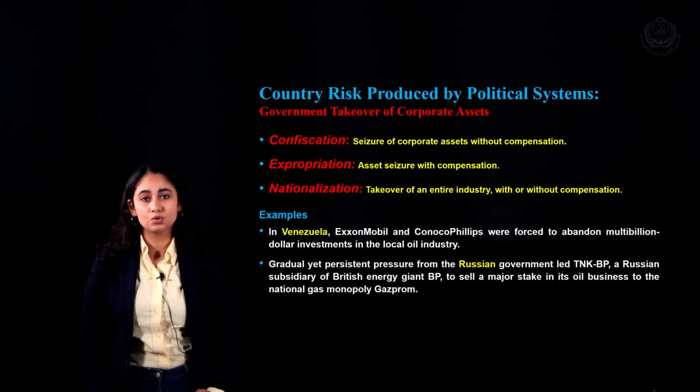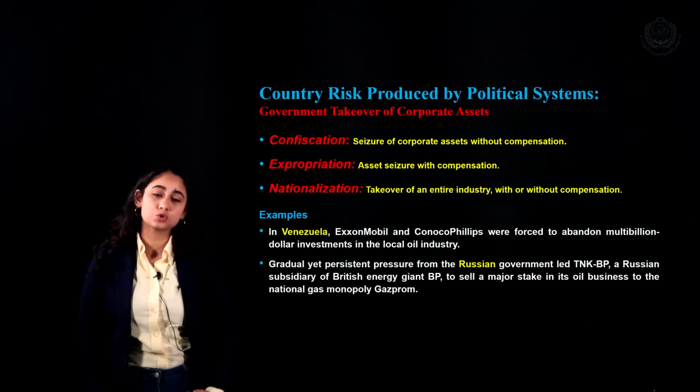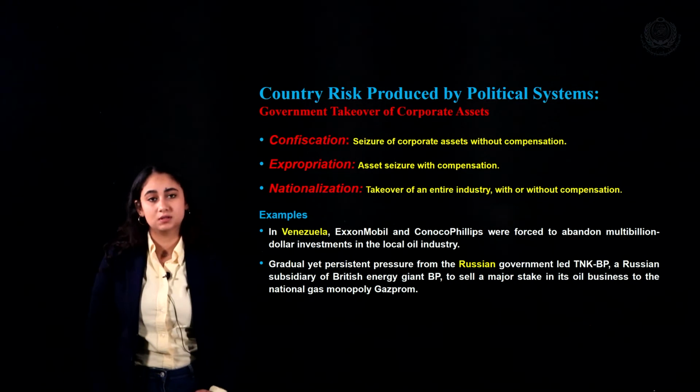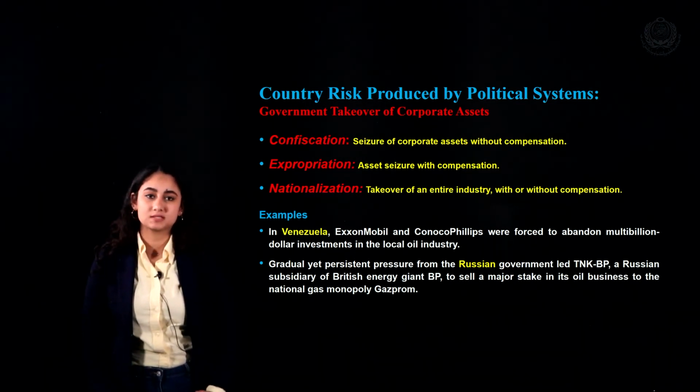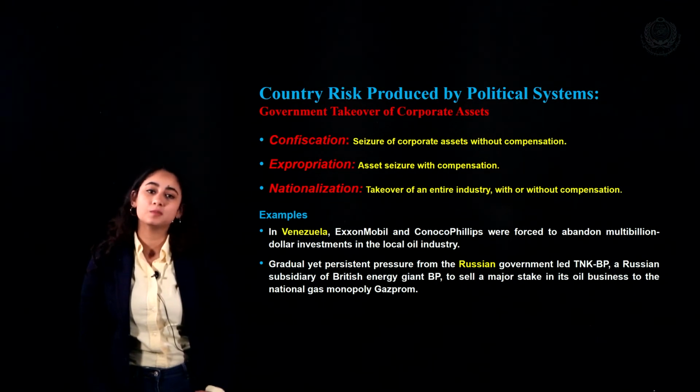Expropriation is also where the government takes over an organization's assets, but here they give some sort of compensation in return. Another way that governments could interfere is through nationalization. Nationalization is when a government takes over an entire industry with or without compensation.